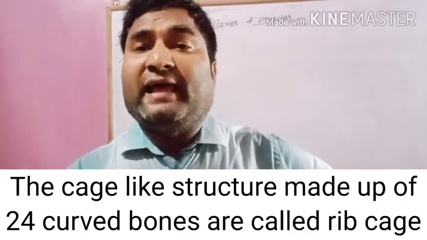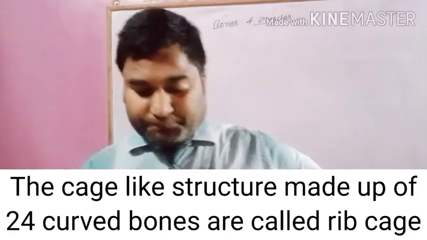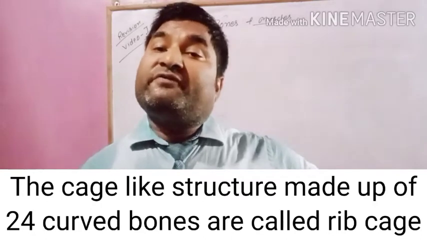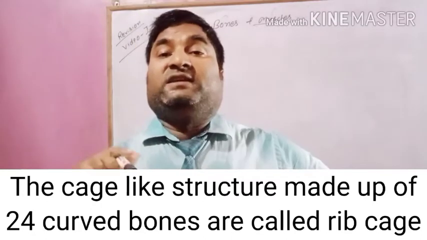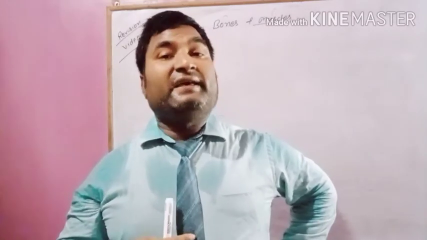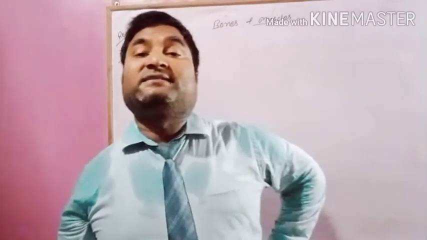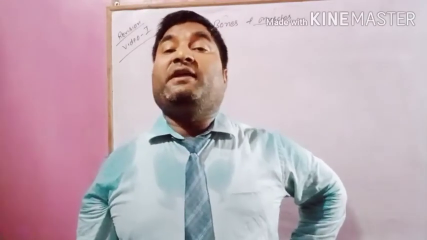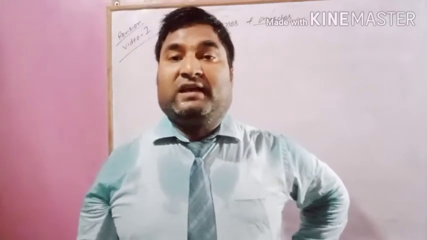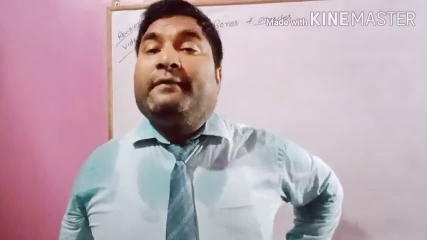The cage-like structure that is made up of 24 curved bones is called rib cage. These 24 strong curved bones are called ribs.